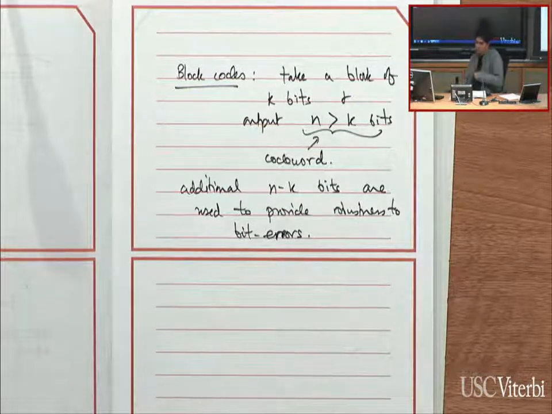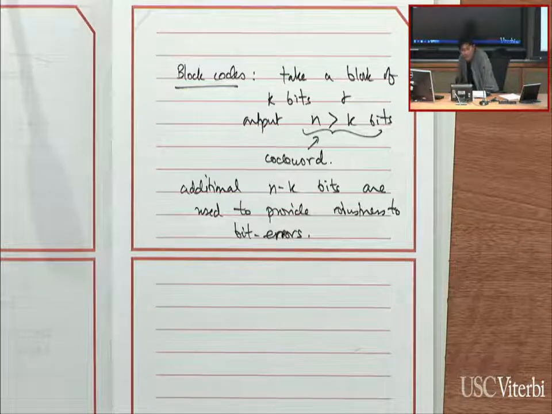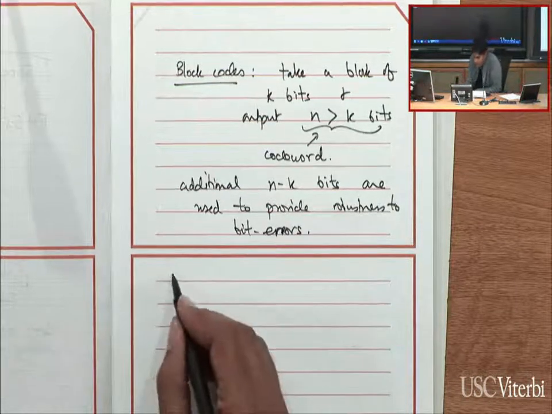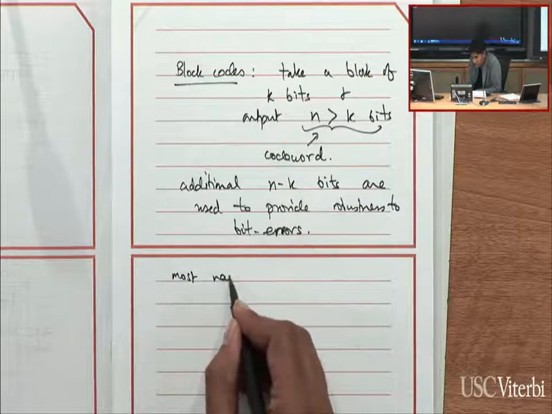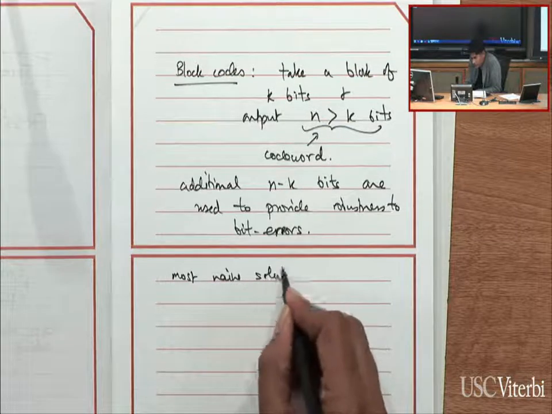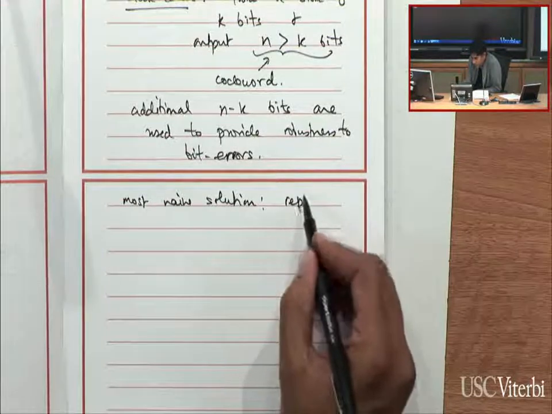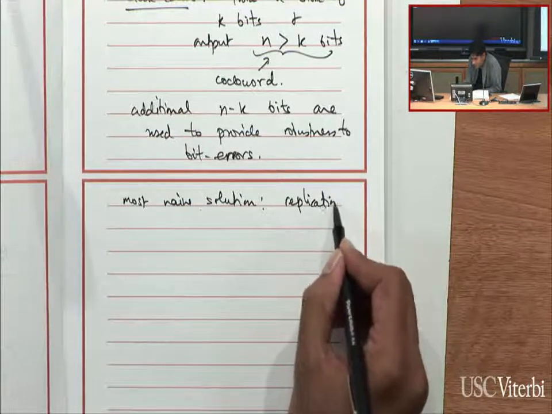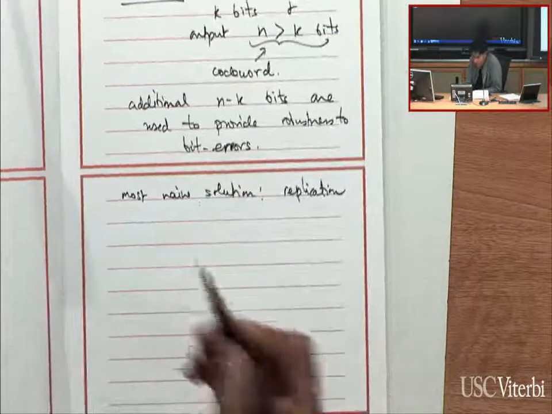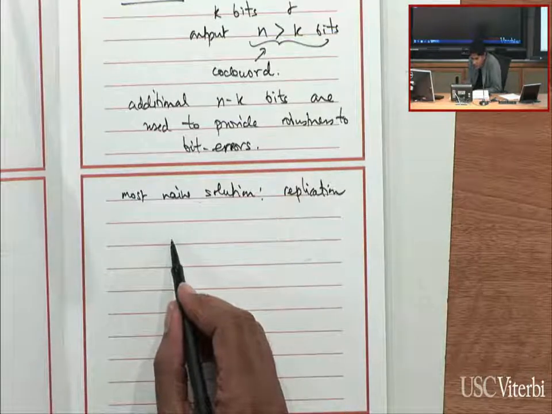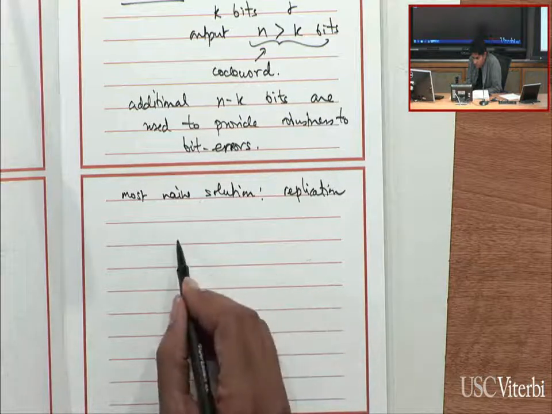You can think of the most naive form of error control coding as just repetition coding, right? The most naive thing to do would be to just replicate. So let's say I'm trying to send blocks of 3 bits.